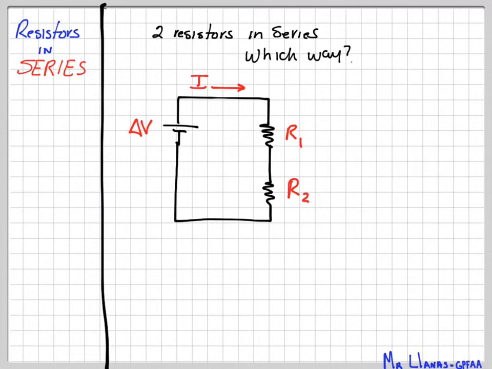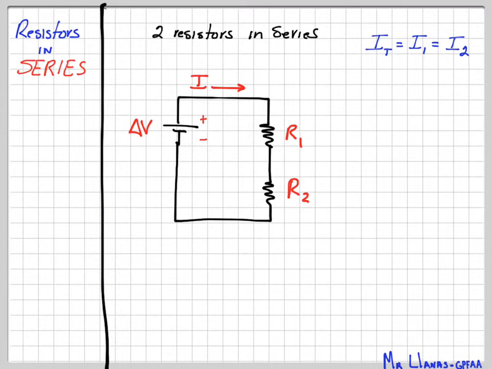The I is current, the R represents resistors, and the V is the voltage. In series, something you need to remember is that the current that comes out of the battery through the resistors is always going to be the same throughout the circuit.